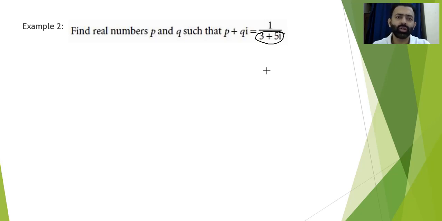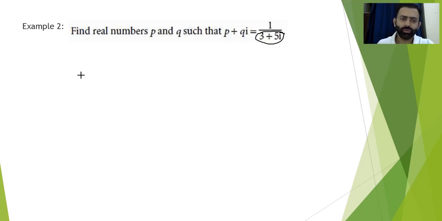Just like we do not keep any irrational number in the denominator, we rationalize that denominator, right? In the same way we have to bring this 3 plus 5i, or any complex number in the denominator, to the numerator by multiplying the complex number with its conjugate, right?